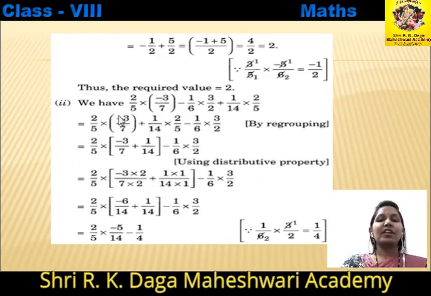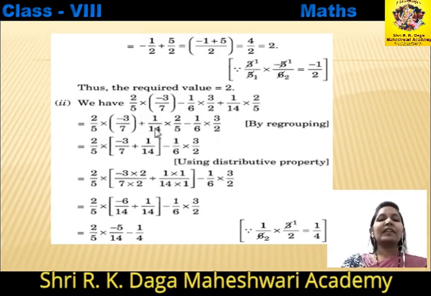In next question, we have 2 by 5 into minus 3 by 7 minus 1 by 6 into 3 by 2 plus 1 by 14 into 2 by 5. In this expression, we have 2 by 5 in two terms, in first term and in last term. So first we will rearrange these terms. 2 by 5 into minus 3 by 7 plus 1 by 14 into 2 by 5, and in last we will have minus 1 by 6 into 3 by 2 by regrouping.